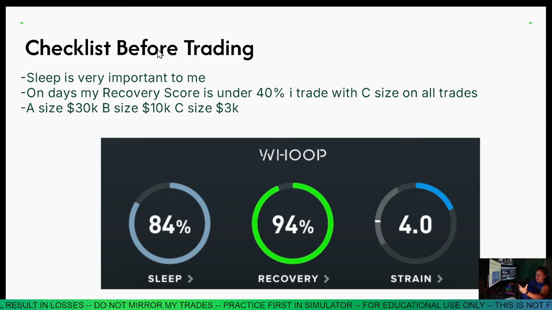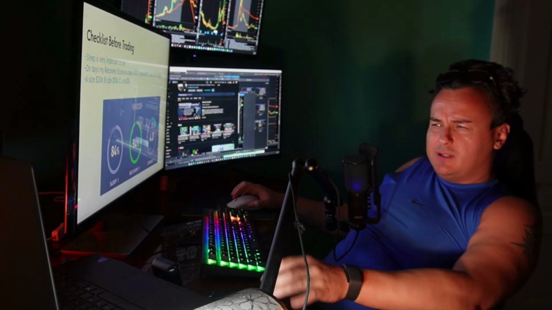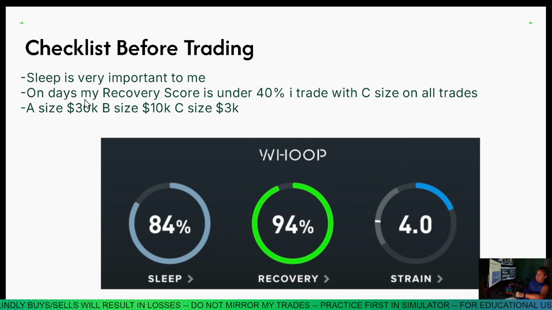Moving on to my checklist. Did I sleep well, eat well, hydrate well? Primarily, I like to use a wristband called Whoop, and I like it to tell me whether I'm good to trade or not. On days my recovery score is under 40%, you can see there's a score that comes on my app.